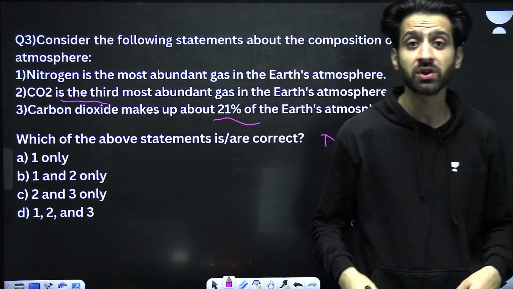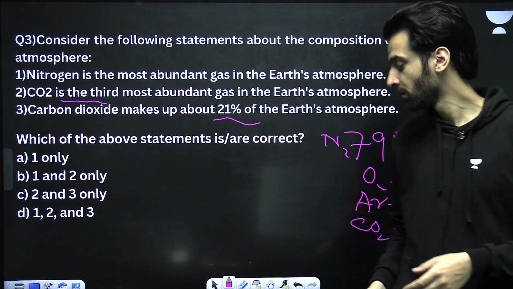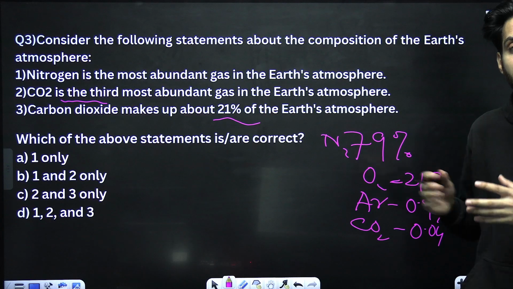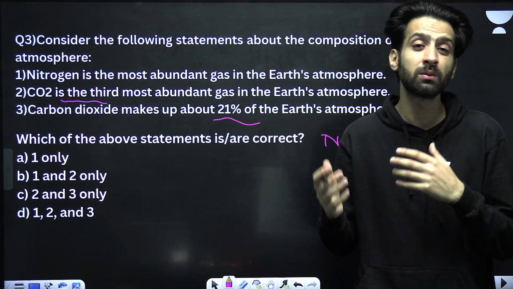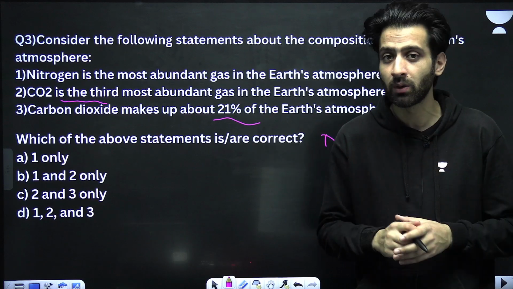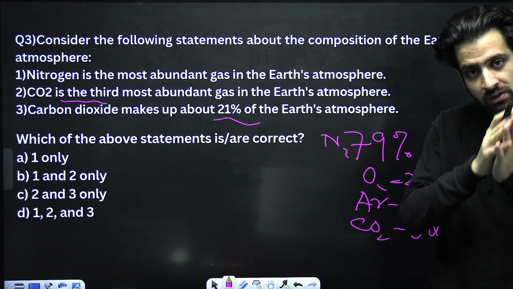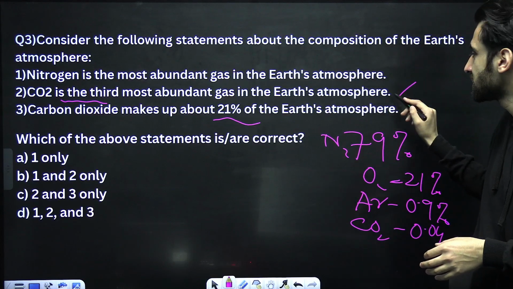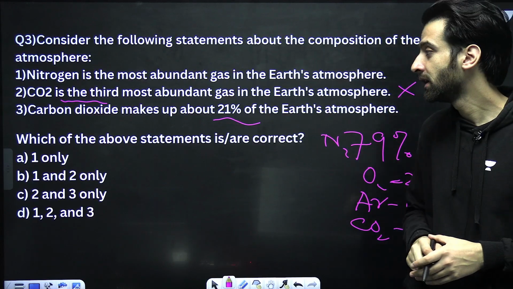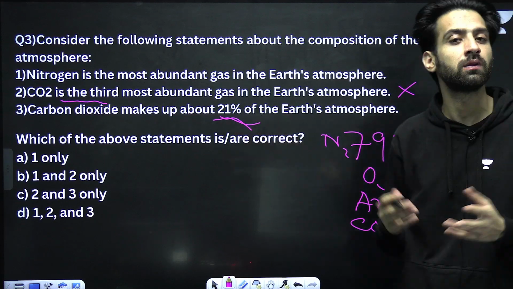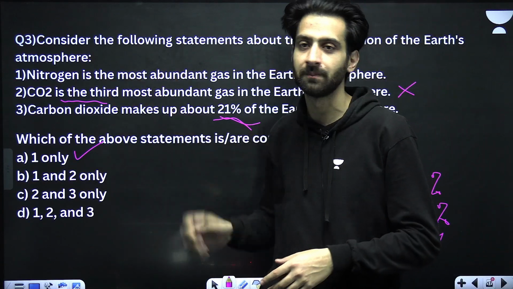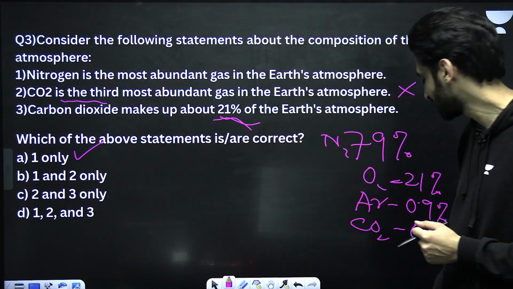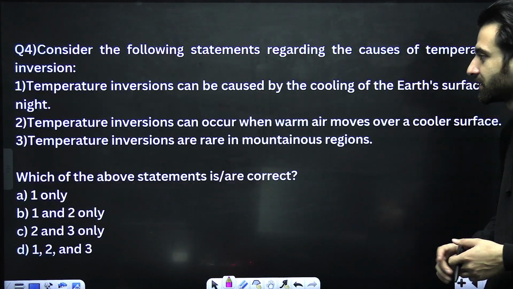That means carbon dioxide is the 4th most abundant gas. Most students might get confused with argon because we normally don't learn about it too much. We only know about carbon dioxide because of global warming. So carbon dioxide is not the 3rd most abundant gas in the atmosphere. Then, carbon dioxide makes up 21%? Of course not. That is oxygen. So only one statement is correct, the first one. Clear? This was the easiest question of them all.